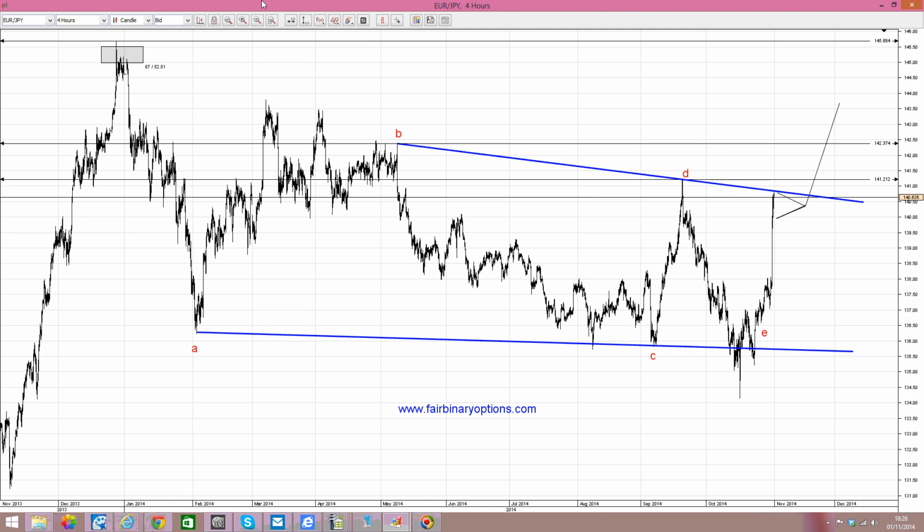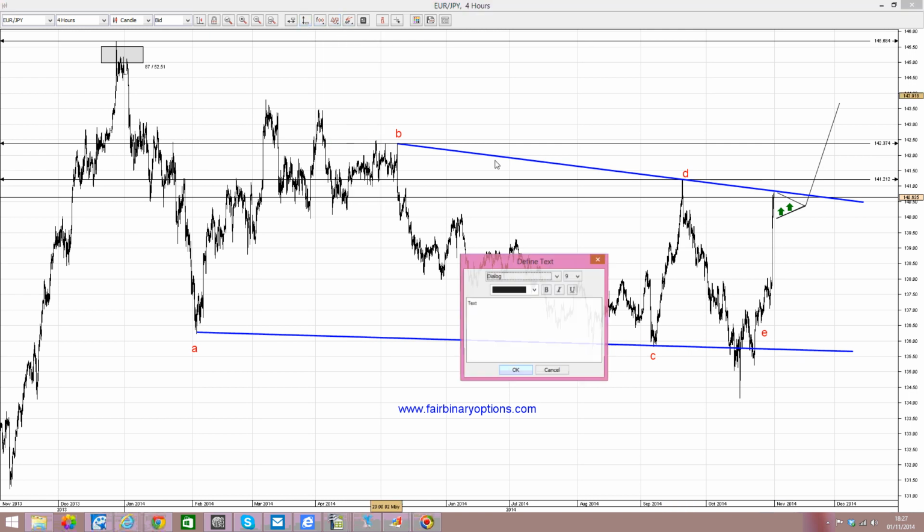As a consequence, I'm looking for an accumulation area, if you want, or a consolidation area before the B to D trend line. But we should only go and buy call options with end of week expiration date. So I would divide, if you want, the investment into this call option on the Euro Japanese yen into two parts.